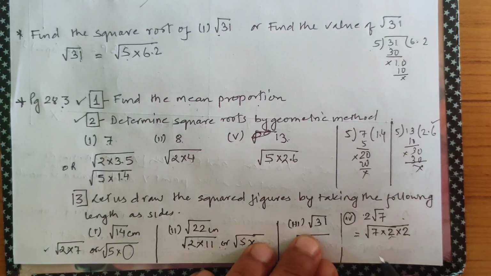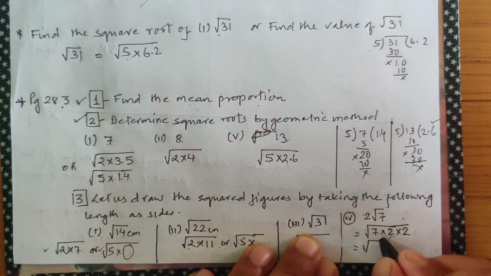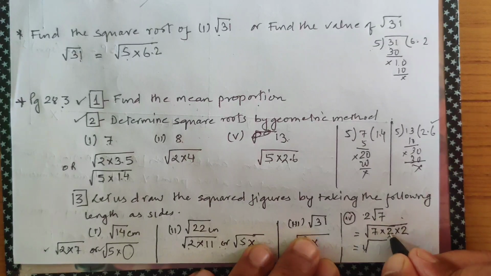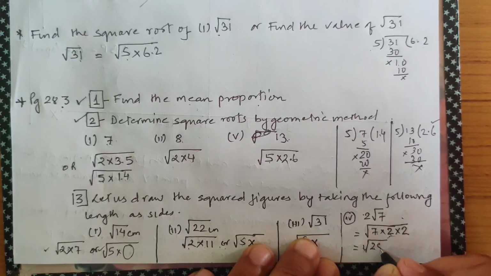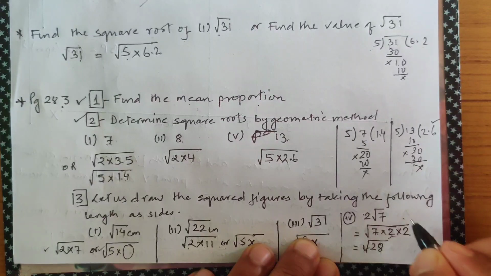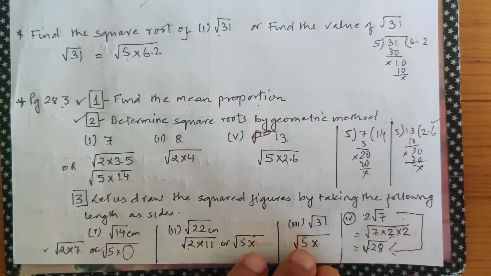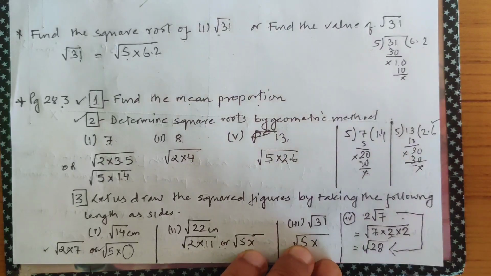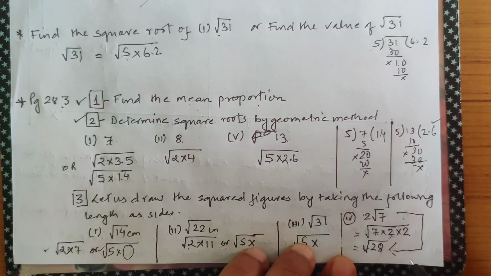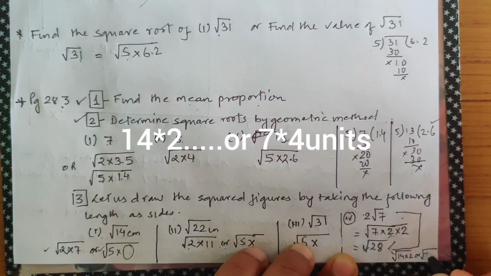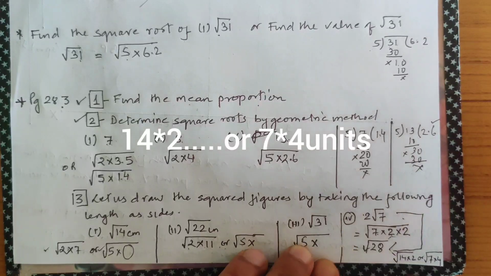That means you'll have to write 2 2's. As a result, this becomes 7 into 2, 14, 14 into 2, 28. So 2 root 7 means root 28. This 28 can be broken down, it's up to you, either 14 into 2, or 7 into 4.